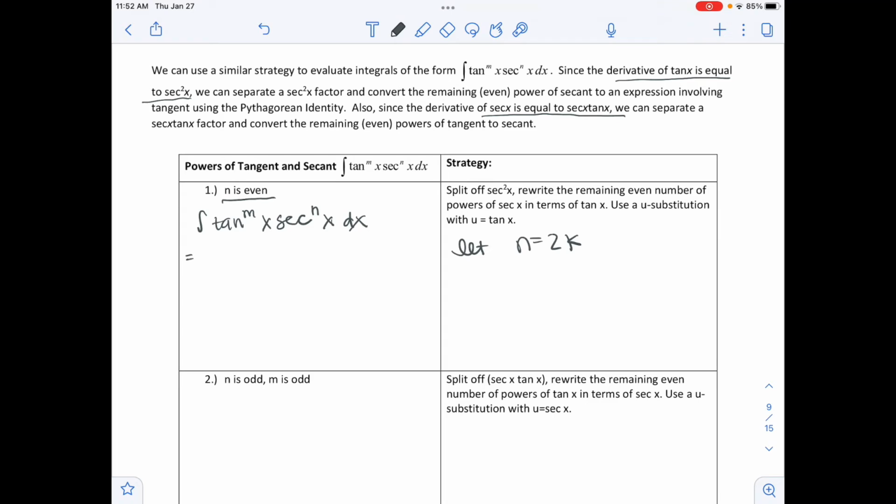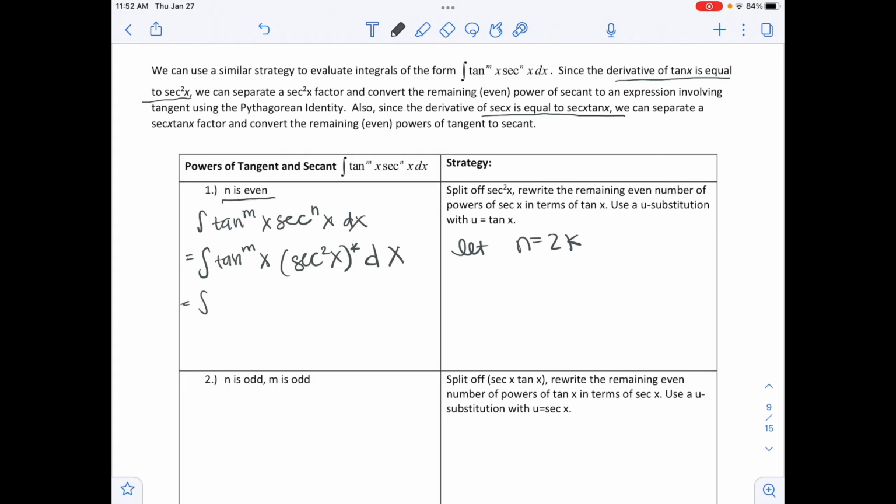And so this is going to be equal to the integral of tangent m x, and then secant squared x to the k dx. And so we're going to factor out one of those secant squared. So it says split off a secant squared x.